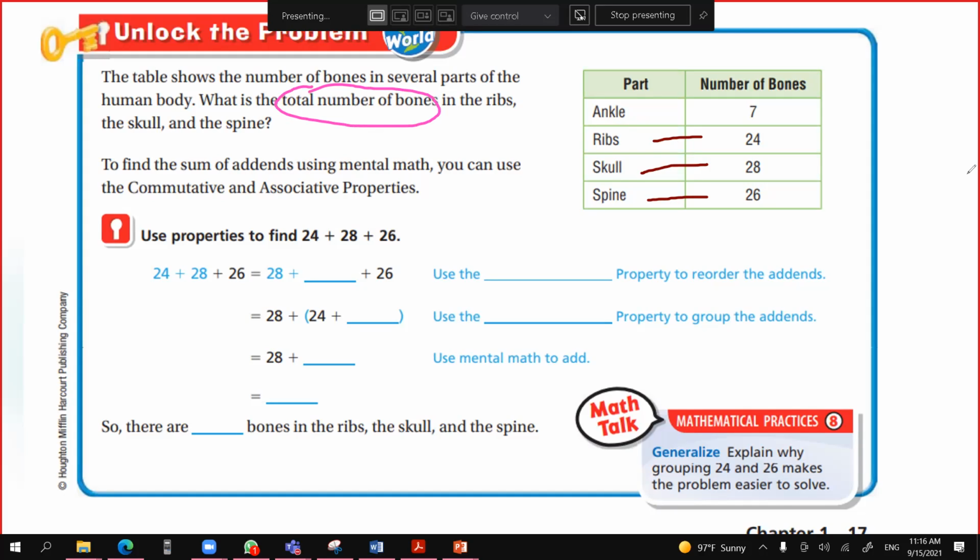If you write it as 28 plus 24, what did you use here? Look at them. It was first 24 plus 28. Then I wrote it as 28 plus 24. Which property do I use?